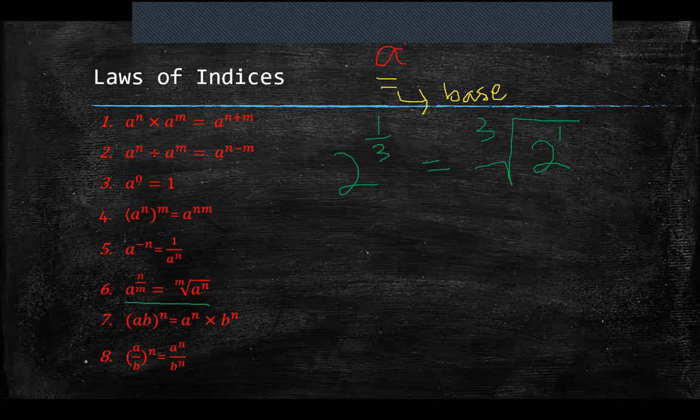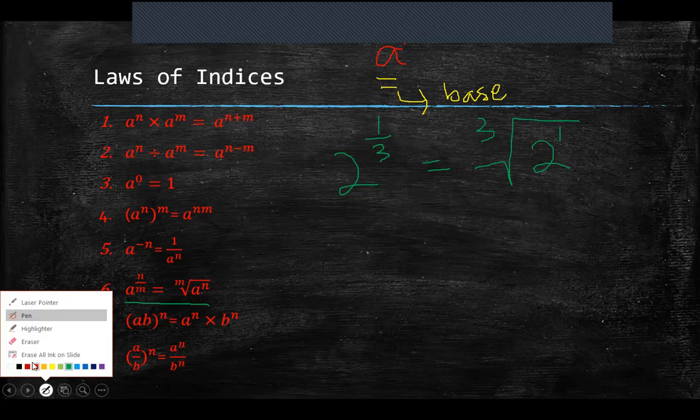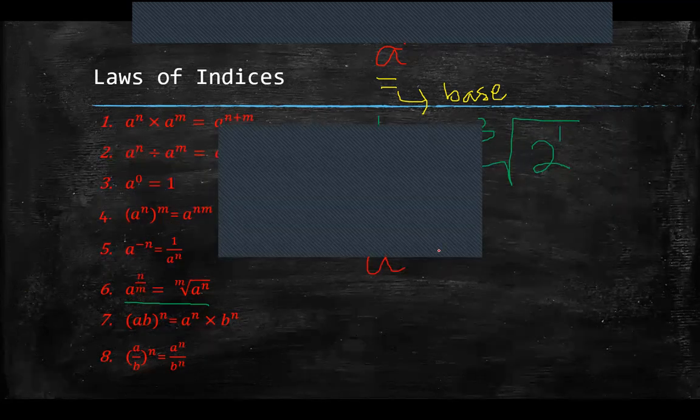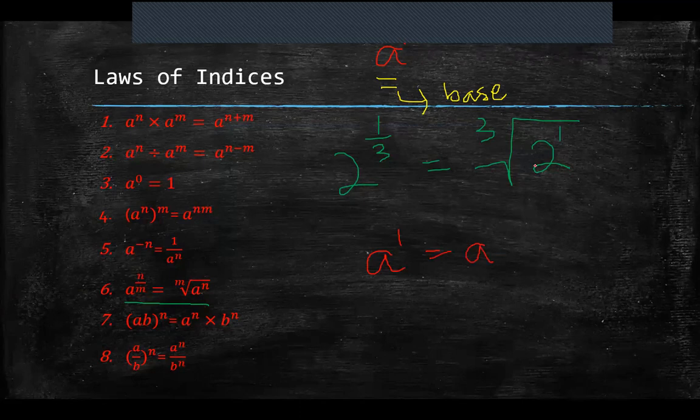Oh, I didn't have that rule. There's another rule. Anything raised to the power of 1 is itself. So I have A to the power of 1, the answer is A, right? 2 to the power of 1 would give me 2. I didn't put that rule, but I would include it. Anything raised to the power of 1 is itself. And that's why 2 raised to the power of 1 is just going to give me back 2.